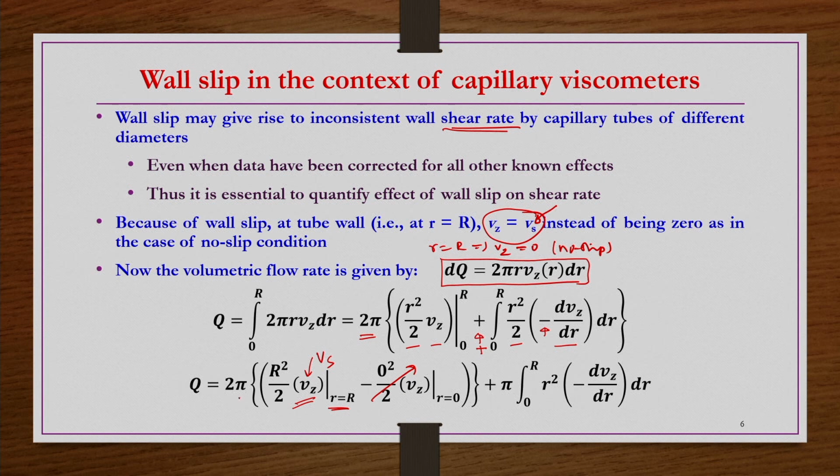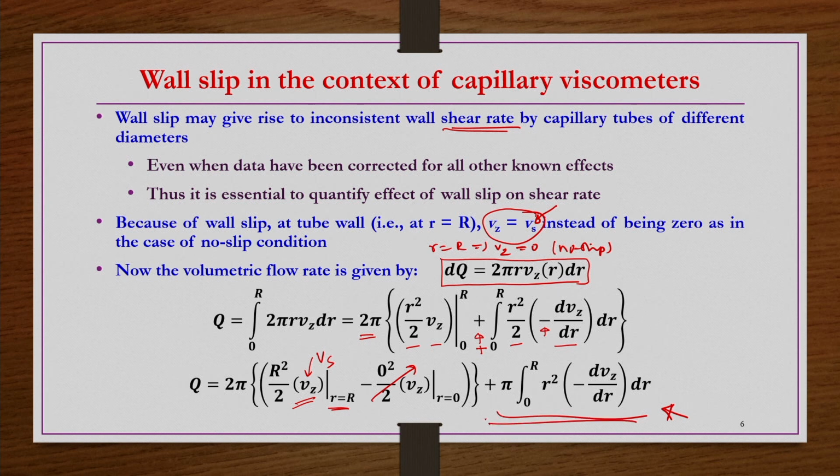So, then we have 2 pi R square Vs by 2, that is pi R square Vs, plus this term, which is the same as our previous derivation when we were designing the equations for the capillary viscometer. Designing the equations means deriving the equations for shear stress and shear rate when using a capillary viscometer.